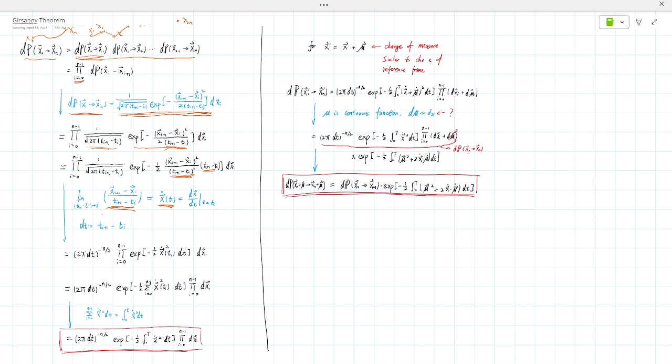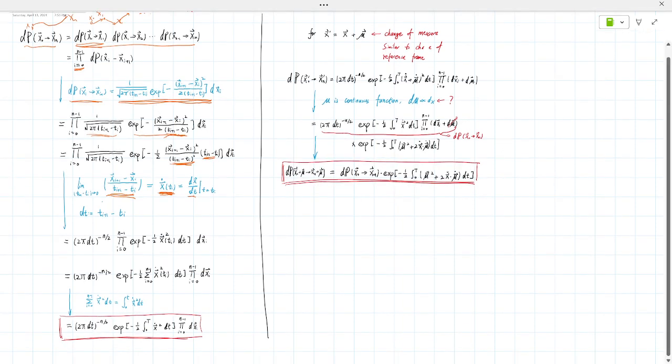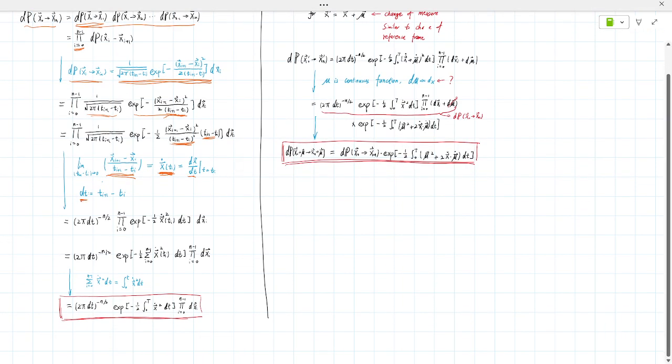In physics notation, a dot is a time derivative. And assume each time slice is a constant dt. Thus, this becomes dt, and this becomes x dot squared. So we have here x dot squared dt.